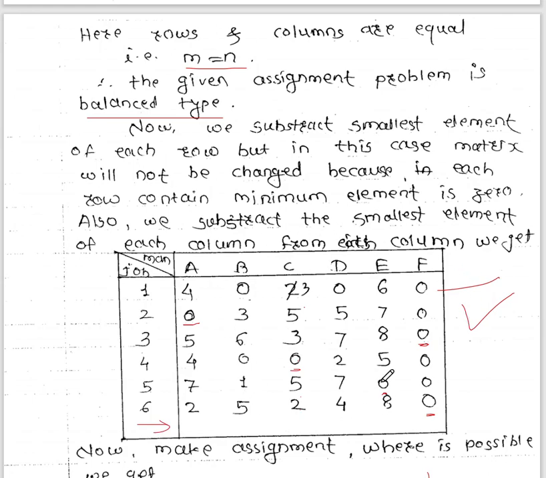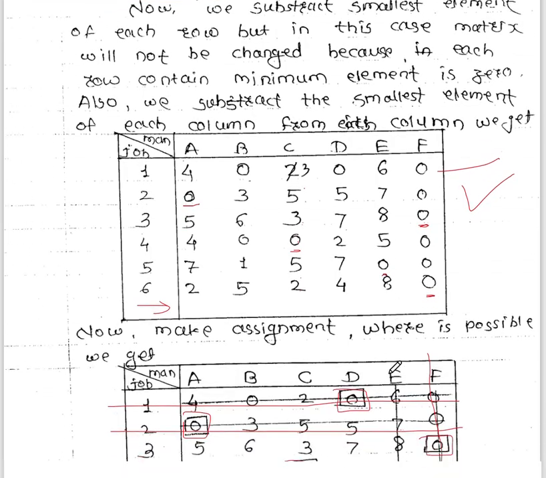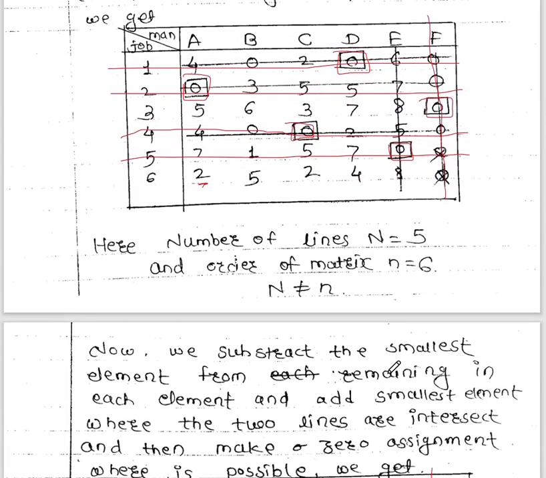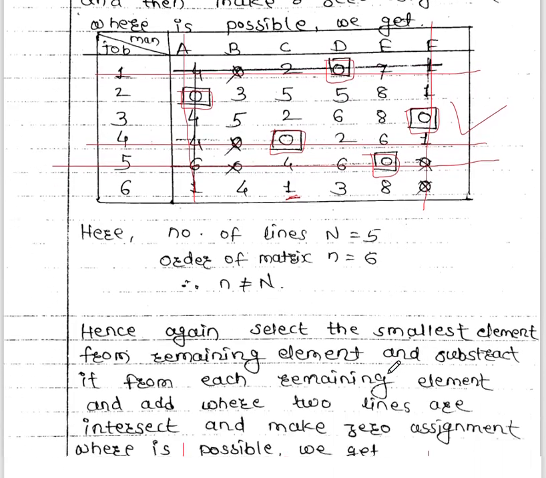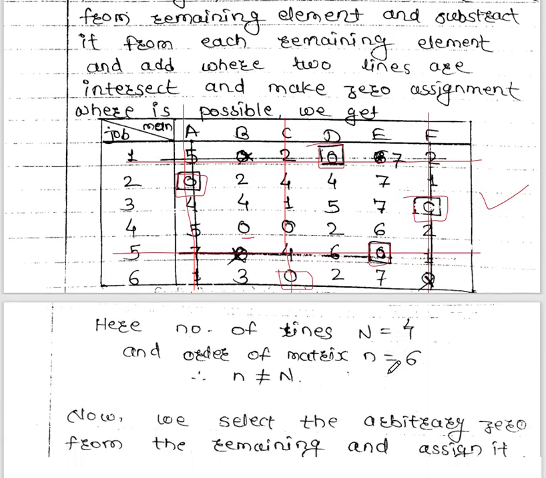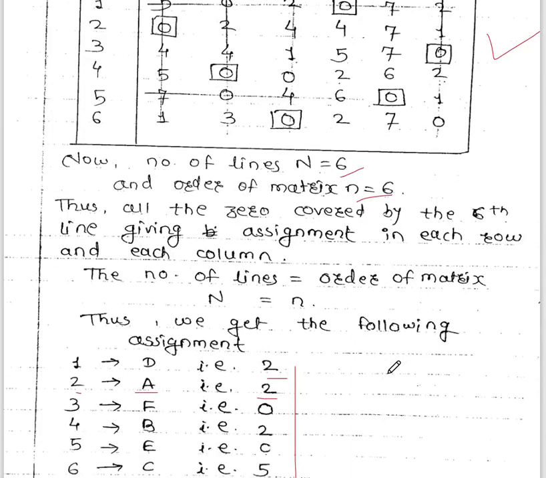In this way you can make the unbalanced problem into a balanced type problem, then you can solve it by the usual method. So in this way you can solve any type of assignment problem, whatever the question, you can easily solve by using such methods.